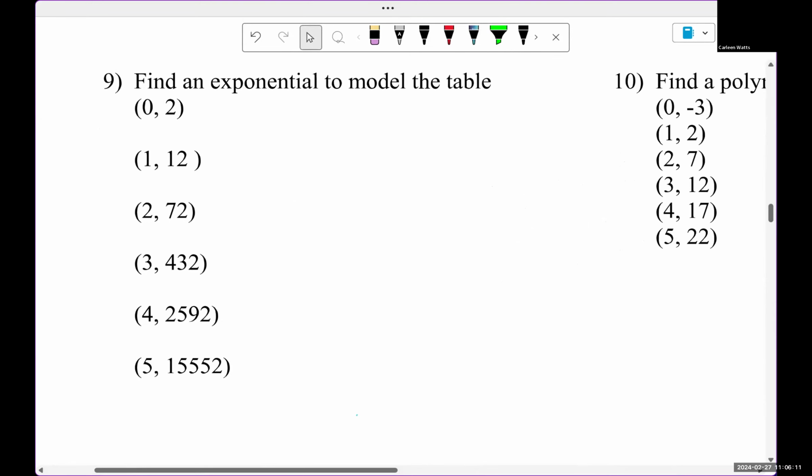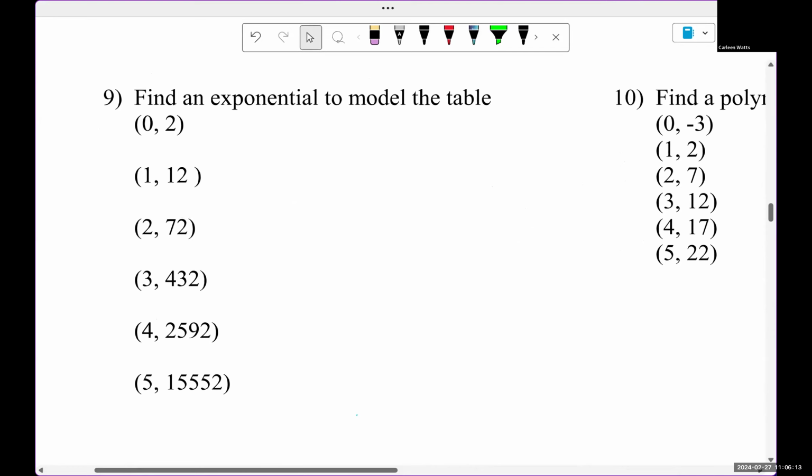Number 9. What do we notice? Do we see that we are adding or multiplying? Can everyone see that we're multiplying? And we need the multiplier.